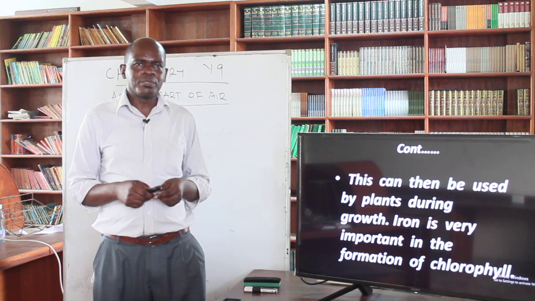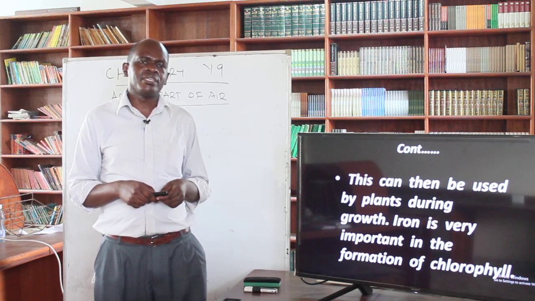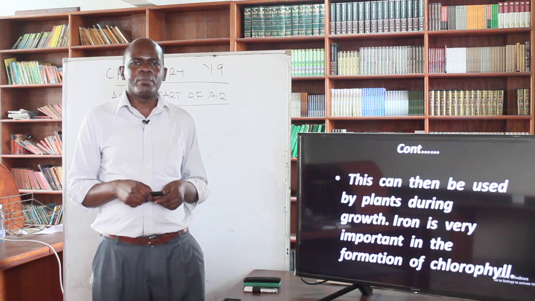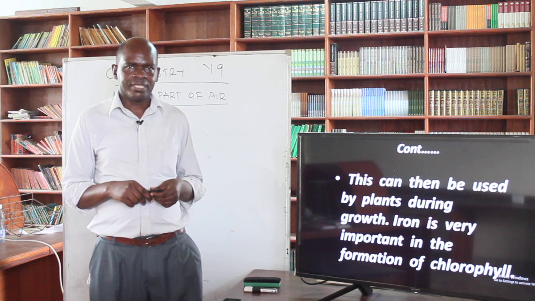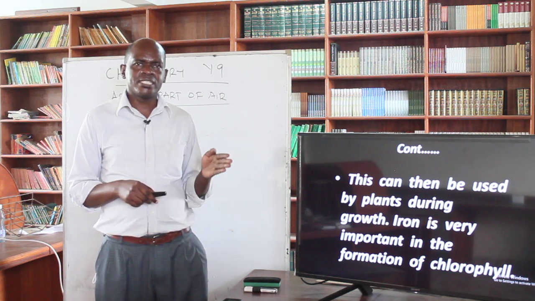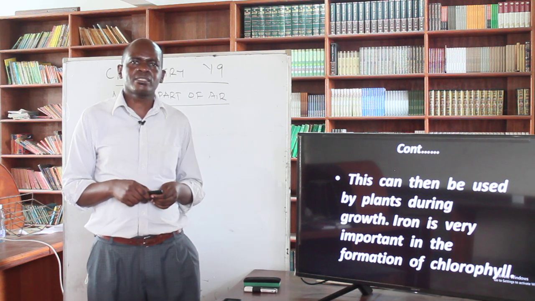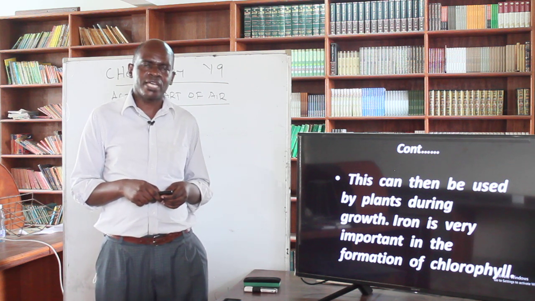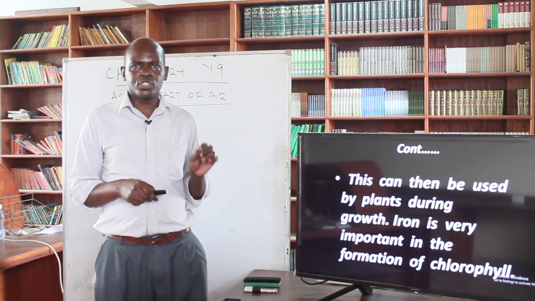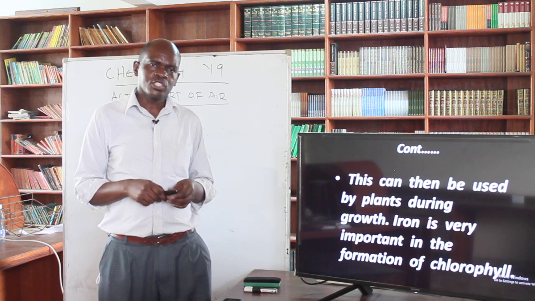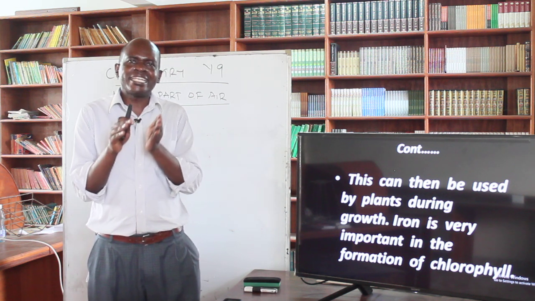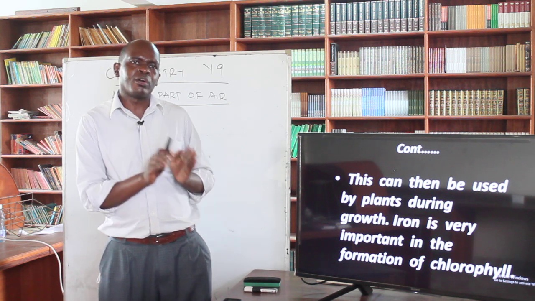Now, the iron obtained in that manner can then be used in the formation of chlorophyll. And remember, chlorophyll is the pigment found in plants which traps sunlight energy that is used during photosynthesis. So you can see that there is a direct linkage between chemistry and biology.